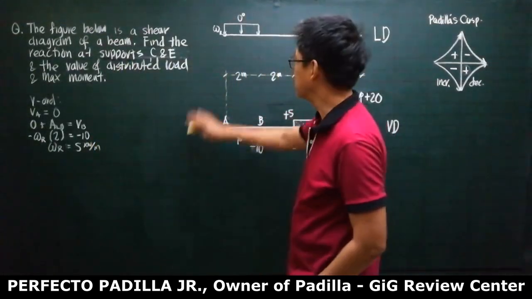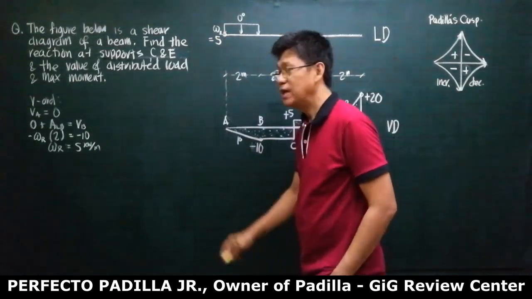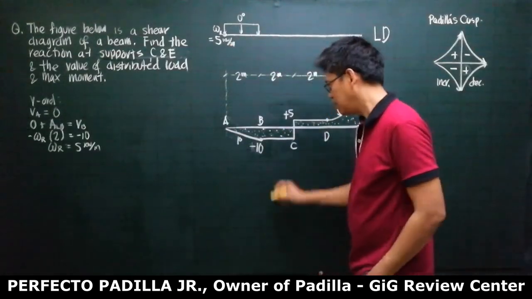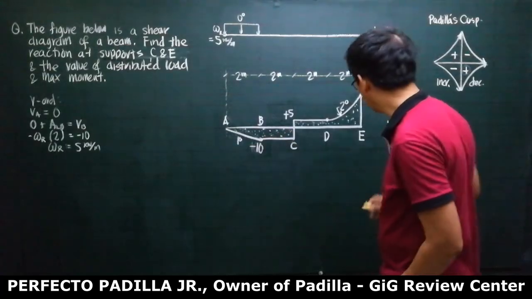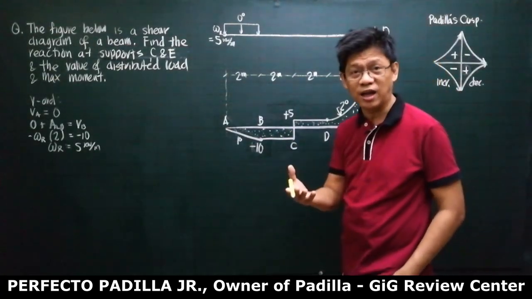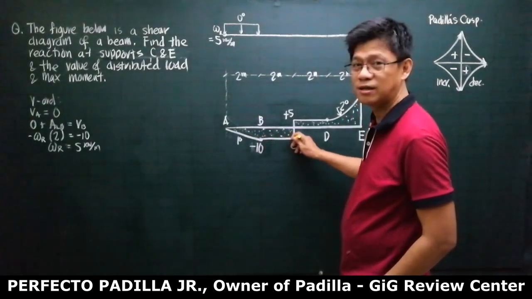Okay? So let me reflect the value here. So this is 5 kilonewton per meter. Now from here to here, there is no change in shear. There is no change in vertical force, meaning there is no additional vertical force from B to C. Okay?